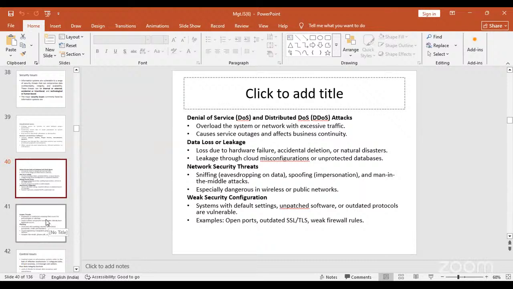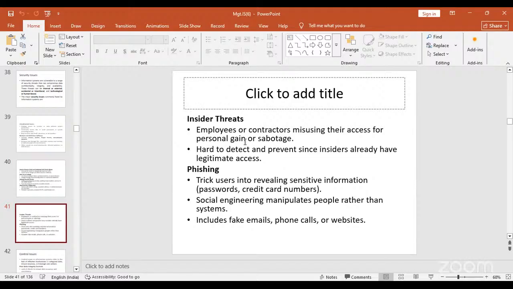Insider threats means employees of your organization may become a threat. Then phishing is also there. That is fake emails, fake websites, fake links. These are phishing.